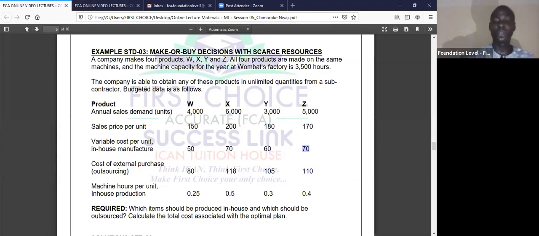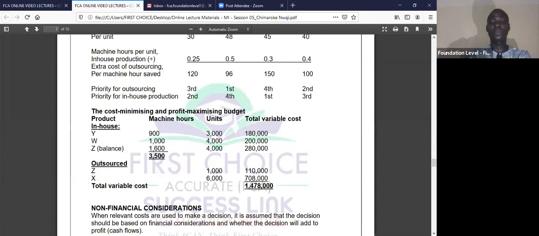So all you need to do is 6,000 multiplied by, what is the quote? The quote should be 118. So that will give you 708,000. So when you add your 708,000 plus 110,000, which is this here, then you add everything here.